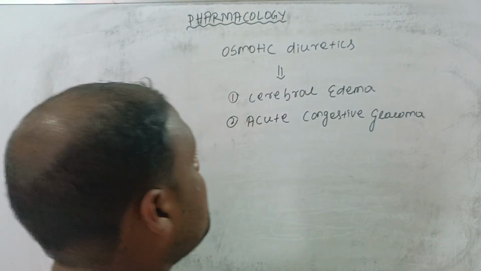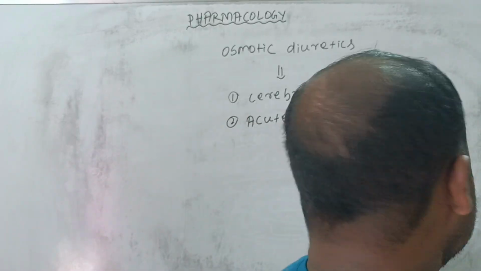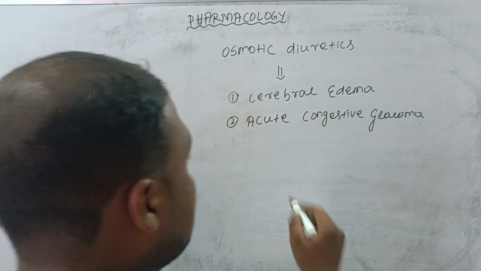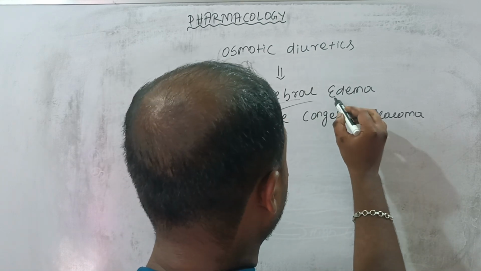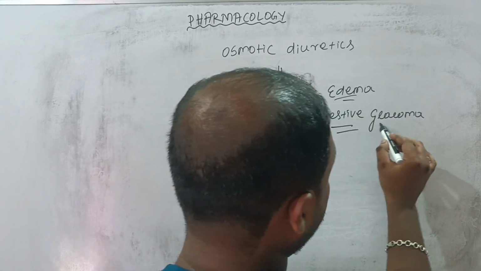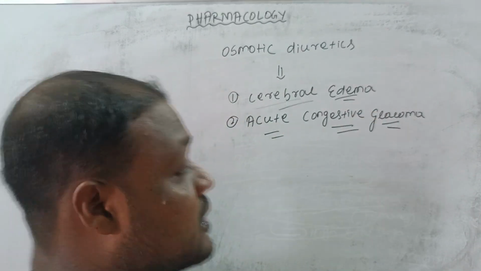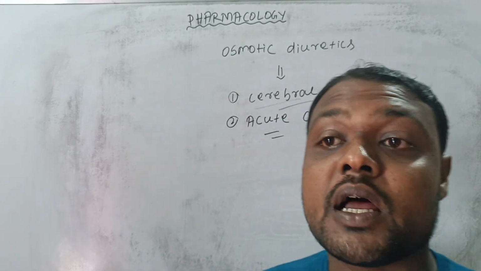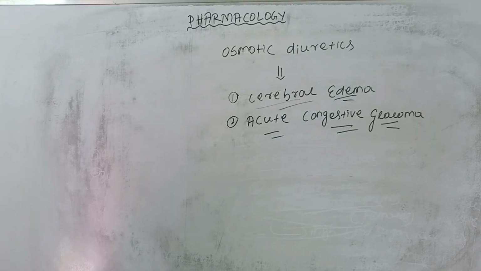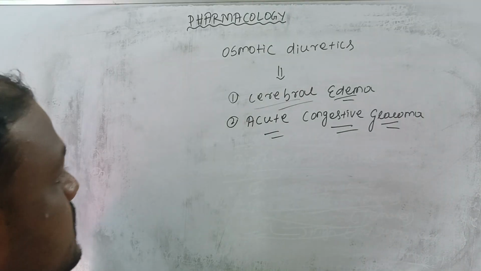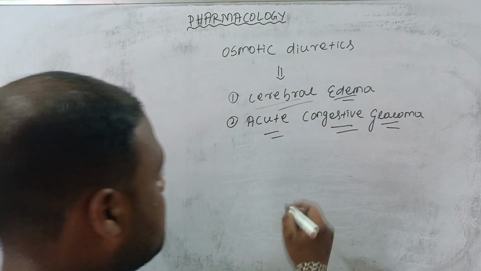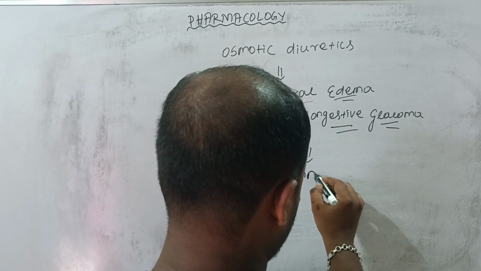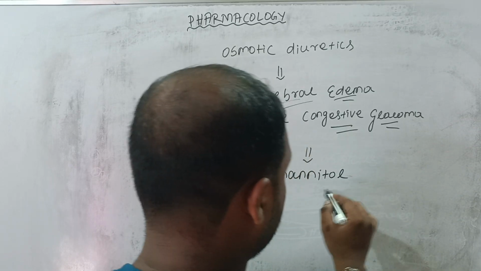What is the osmotic diuretic? The drug of choice of osmotic diuretics is mannitol.